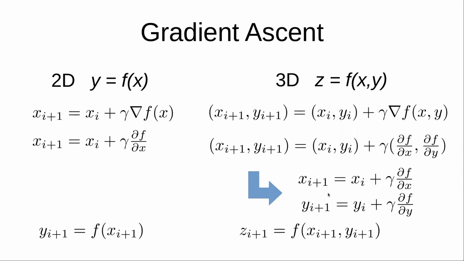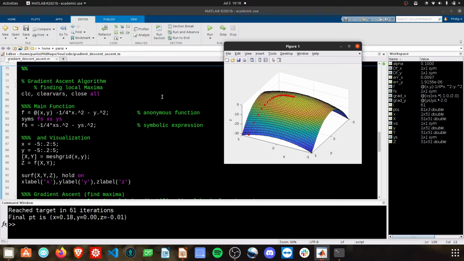Once we solve for these, and we'll get these partial derivatives from MATLAB, we'll get new x and y values. We can plug those into the initial function to get our new z value. And then we do this over and over until we get our solution to converge. The algorithm is fairly straightforward.